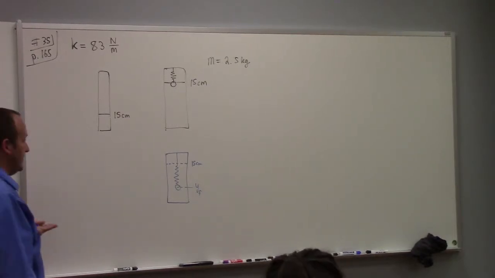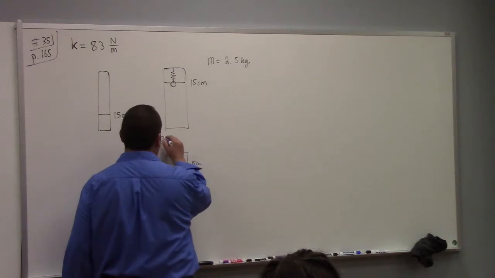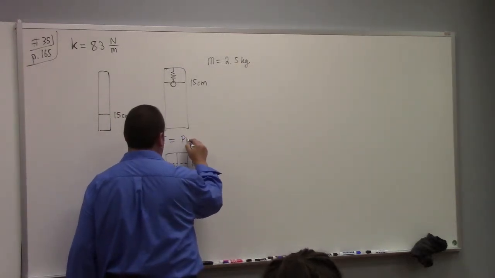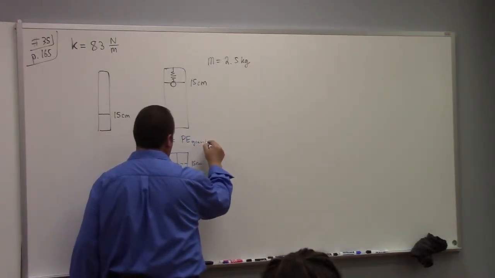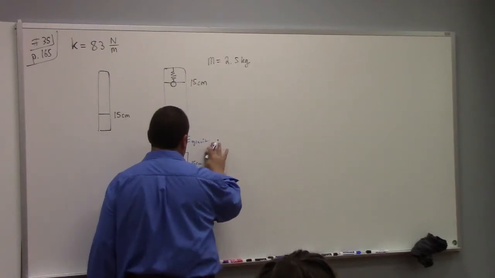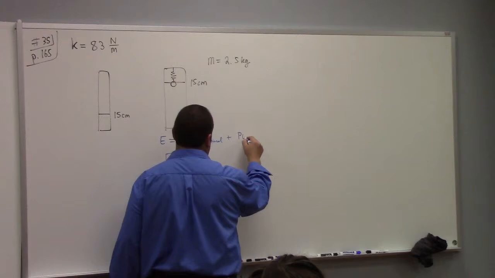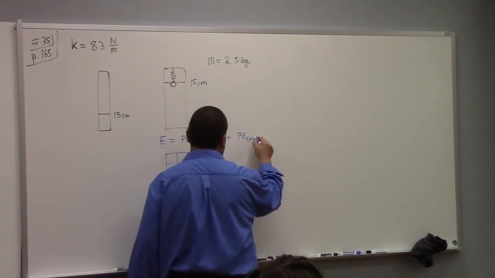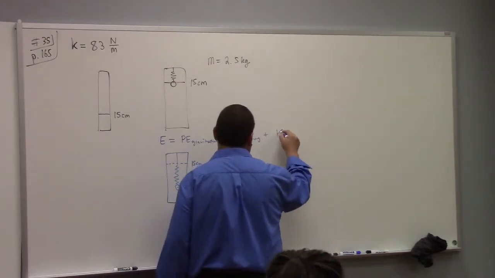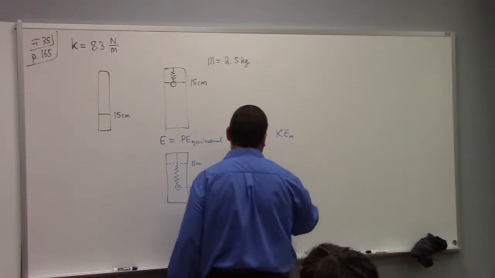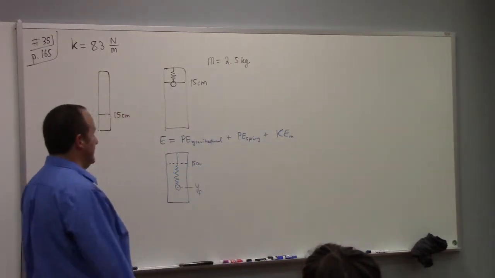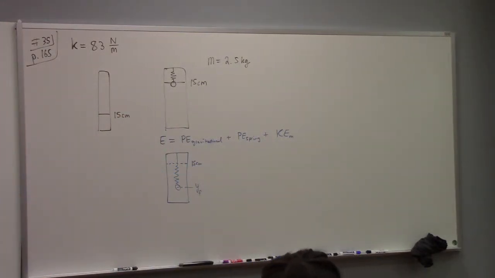The total energy at any time would be equal to gravitational potential energy plus potential energy of the spring plus the kinetic energy of the mass. So this is a conservative process. At any point, the net energy is conserved. It stays constant, right?